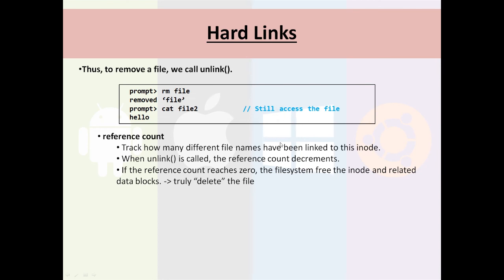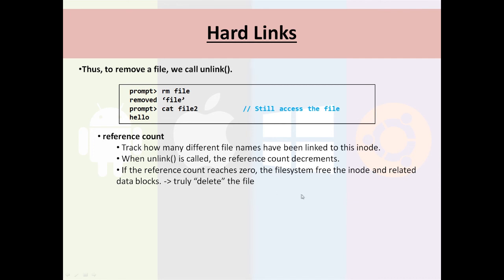Now the reason this works is because when the file system unlinks a file, it checks a reference count, okay, so how many files are linked to it basically, and it checks this reference count based on the inode number. This reference count is sometimes called a link count, so the number of links, if you want to think of it that way.